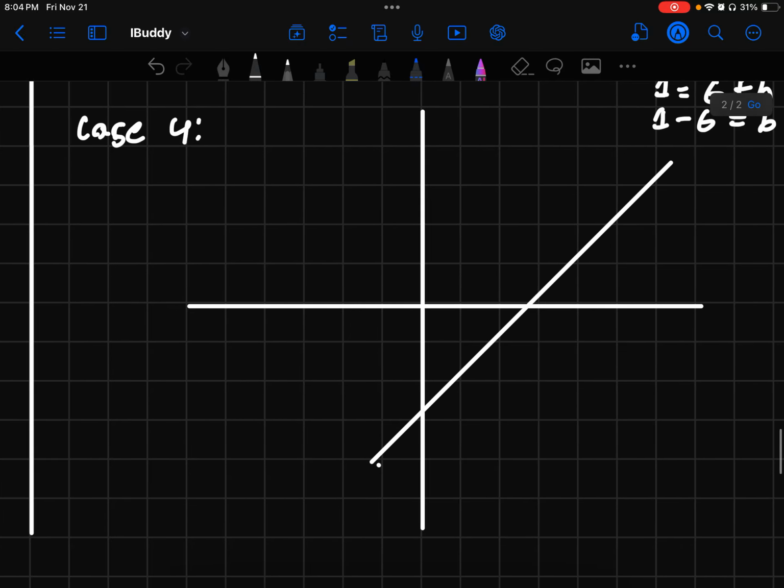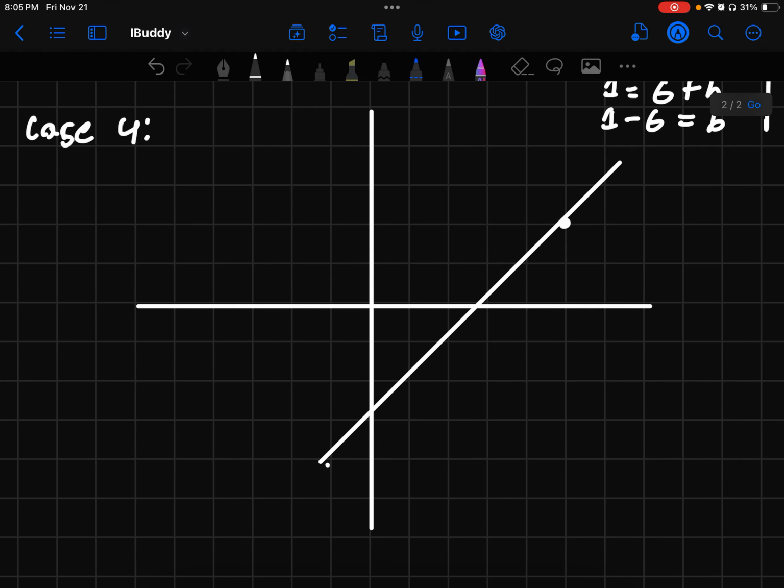So let's say we take this point here and this point here. Now, I know right here it's not lined up perfectly. I'm sorry about that, but when you're actually doing this, the points you're choosing have to be perfectly on the intersection point. It needs to be perfectly there, or else it won't work.